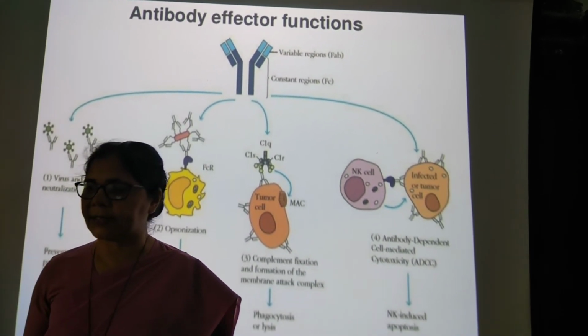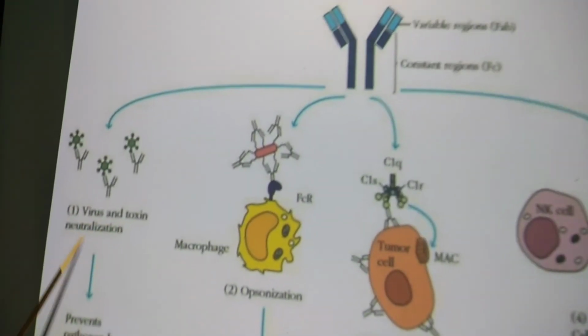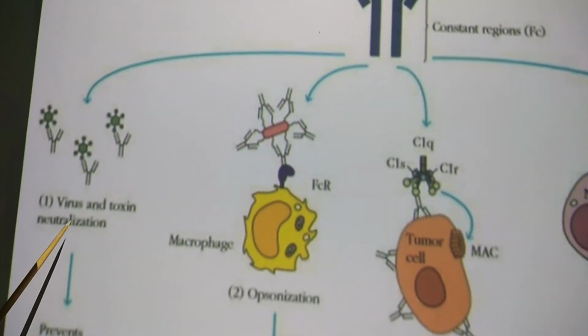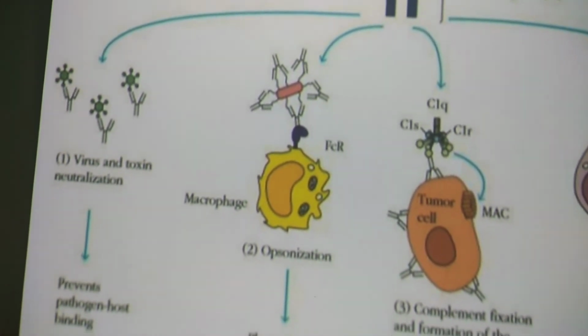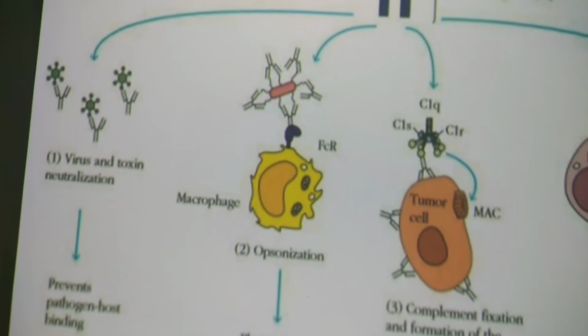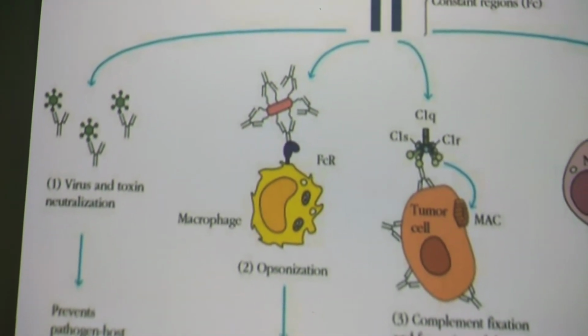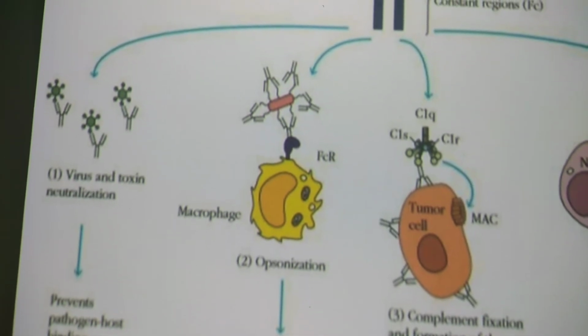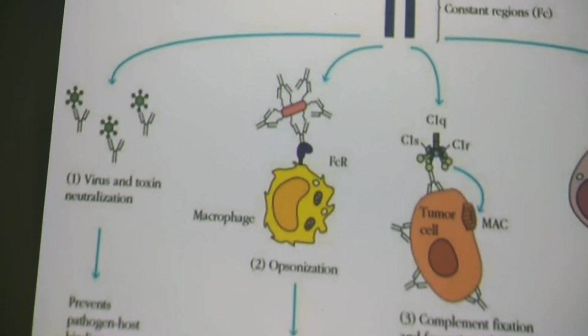The antibodies produced by the plasma cells have different effector functions. The most important ones are virus and toxin neutralization. What does virus and toxin neutralization mean? The virus has infective sites which bind to the host cells, and the toxin also has a binding site.